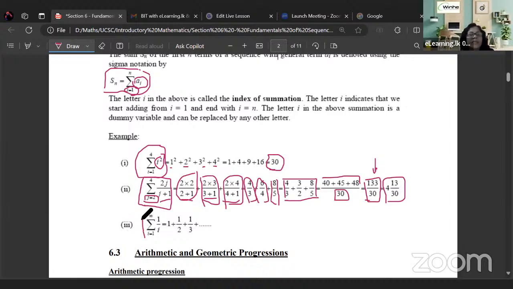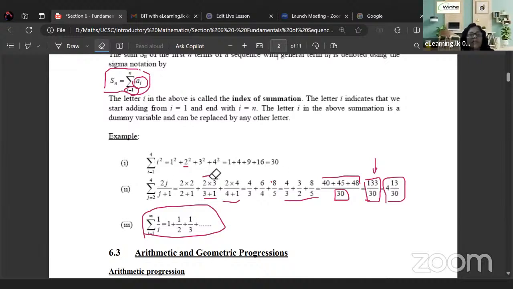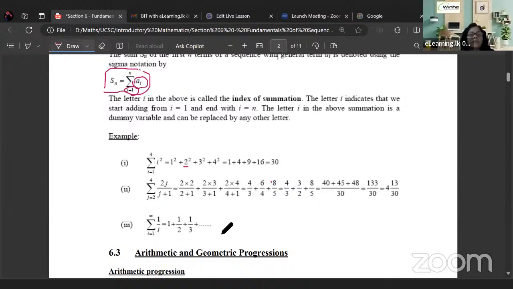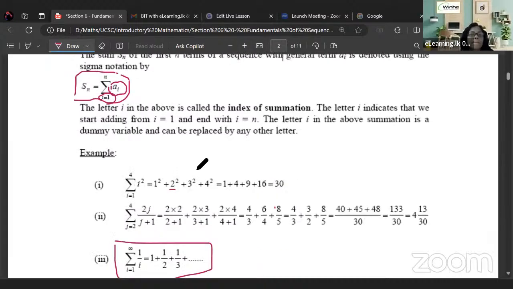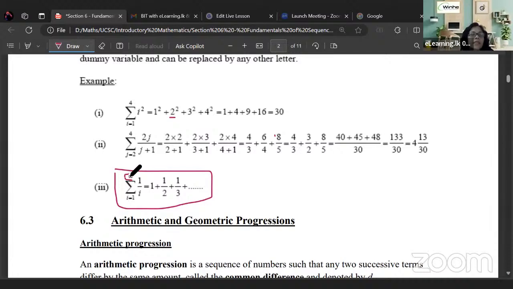So if you consider the third example, in the third one also, now it shows the sigma. What is represented by the value above the sigma?